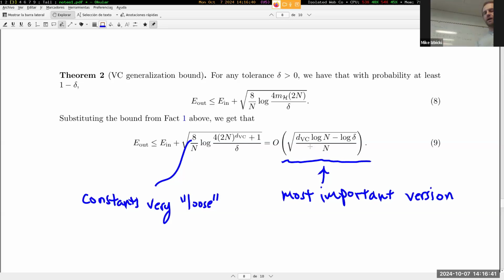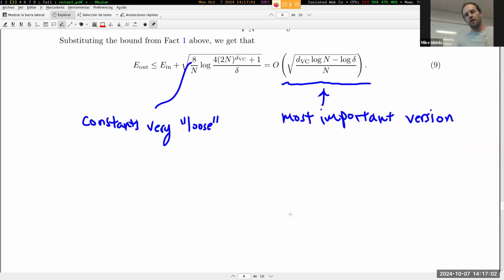We haven't really talked yet about how to use this. That'll be the next couple of lectures, but this is the version that you'll need to memorize for your quiz and that we'll actually use on a daily basis. This is equal to O of square root of d VC log n over n, minus the log of delta.